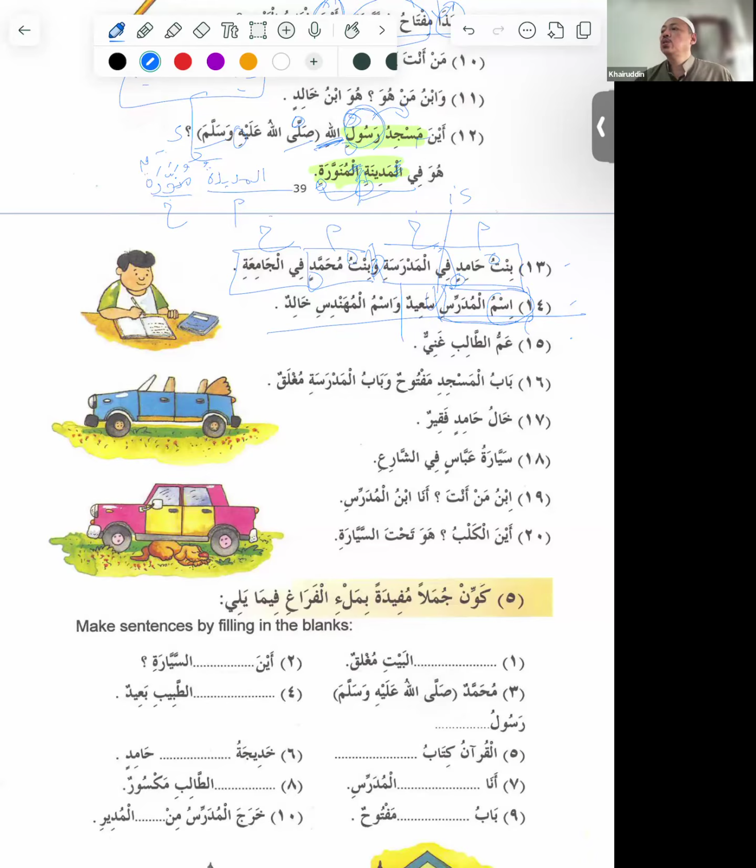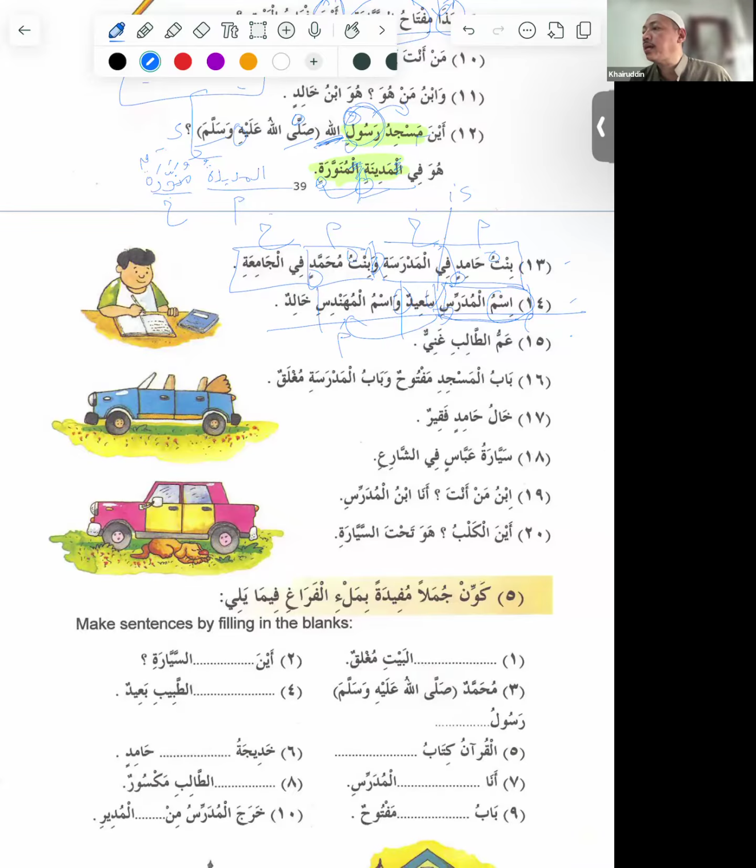Okay. So again, this is a connector, wa. It connects 2 sentences. In this case, with structures that are exactly similar. Wasmul muhandisi, and the name of the engineer. So muhandis is an engineer, a male engineer. So again, this is a mubtada.